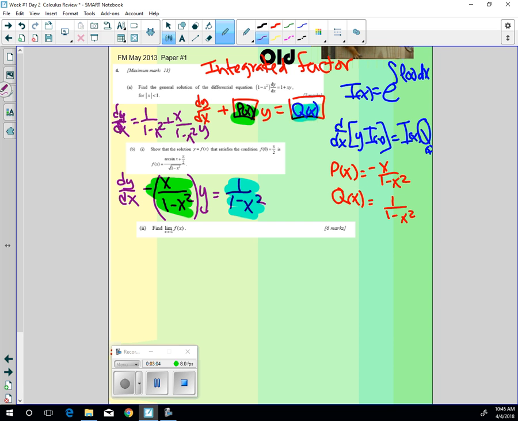Okay, so far so good? So first step, you need to get it in this form, dy/dx plus something times y equals something without a y. Notice this kind of makes sense: dy/dx, y, and 1. It makes sense as far as a structure.